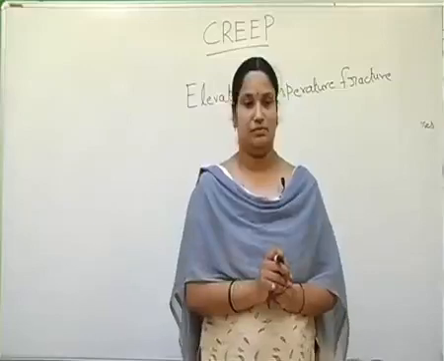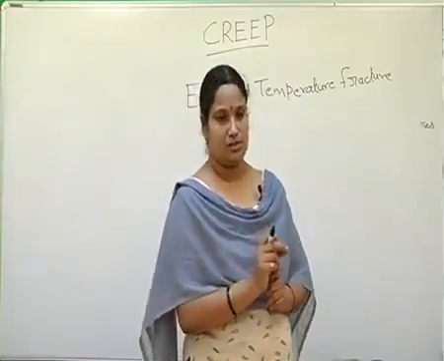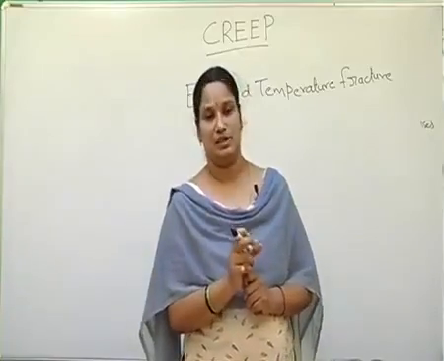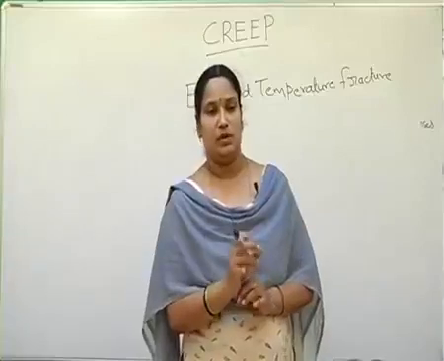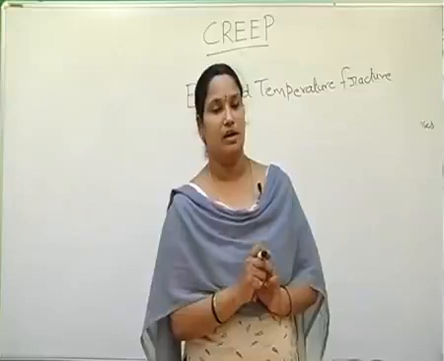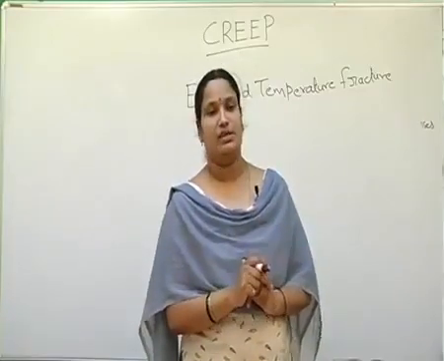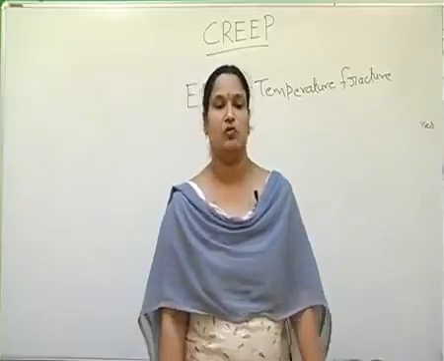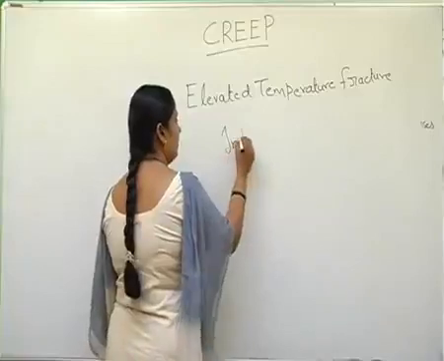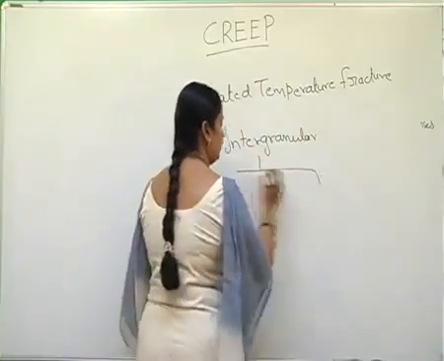Intergranular fracture depends upon the nucleation of voids, growth of voids, and coalescence of these voids into a large crack. These voids form along the grain boundaries, and in the case of intergranular fracture, you can see two types of cavities.